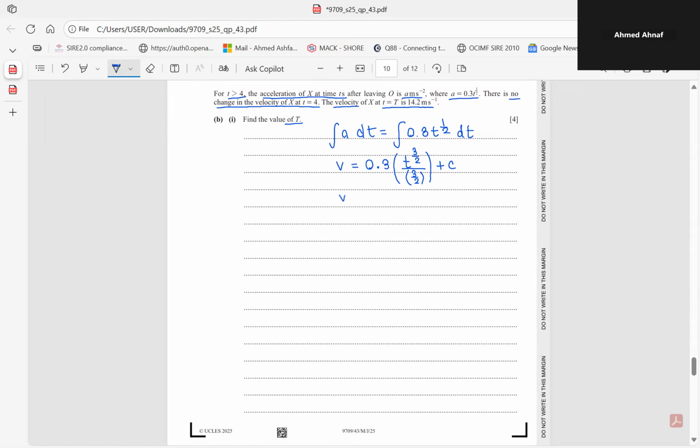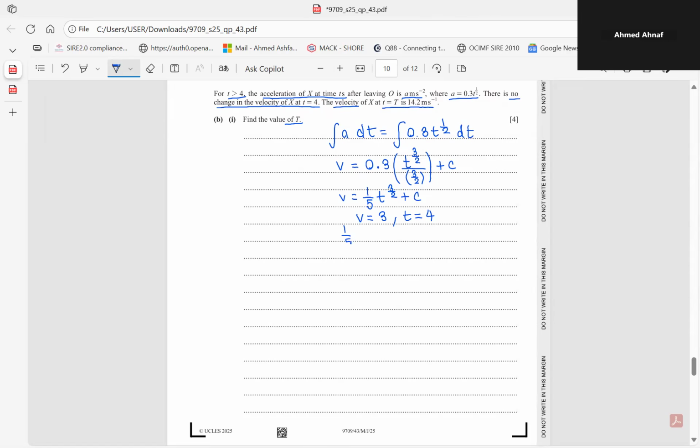And then now v would just be equals to 0.3 times 2/3, which is 1 over 5, t to the power of 3 over 2 plus c. Okay, so we're told that there's no more change in velocity of x at t equals to 4. So we can substitute v equals to 3 and t equals to 4.